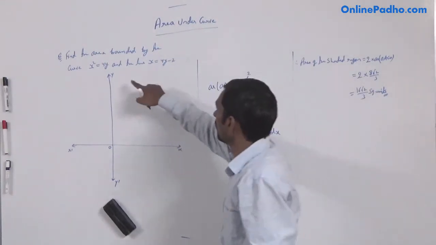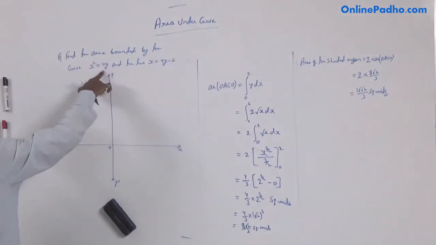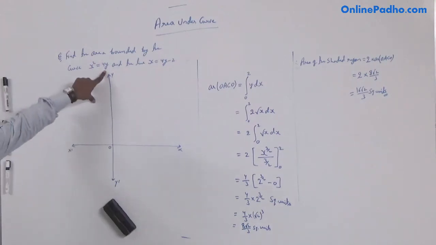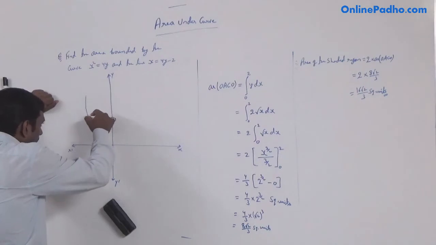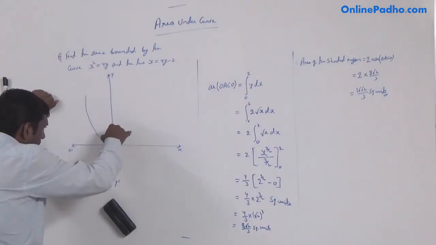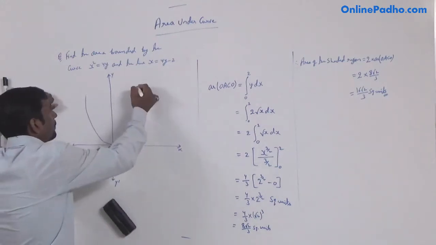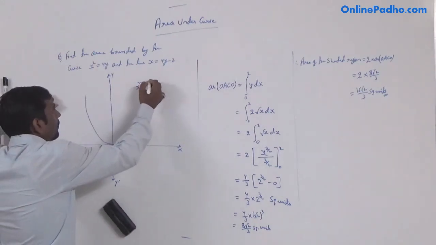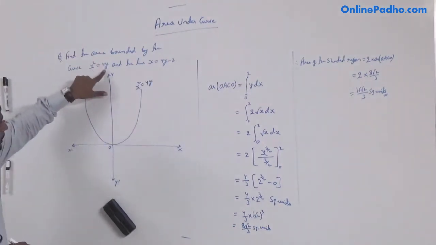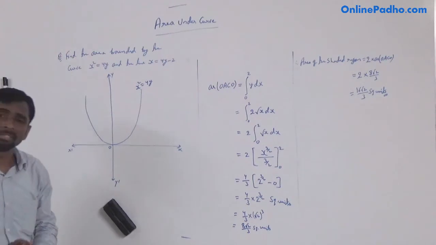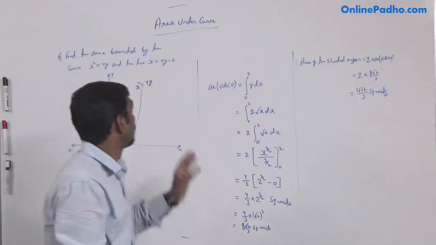X square equal to 4y means this parabola is along the positive y-axis. So the graph of x square equal to 4y is passing through the origin, and this is the parabola like this, because if you put x equal to 0, then y becomes 0. Very simple. Now, how can you draw the graph for x equal to 4y minus 2?